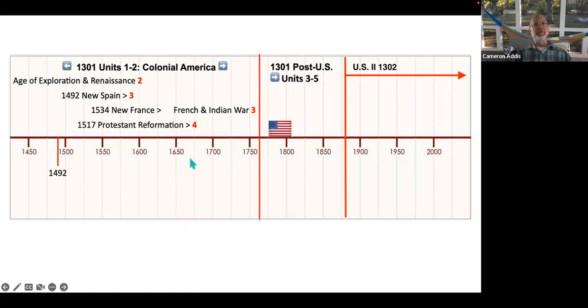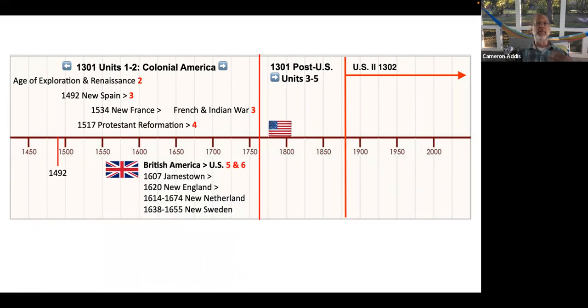We also have chapter 4 on the Protestant Reformation, where we hop back to Europe and talk about the religious wars there, which ended up having a huge impact on American settlement. Then we have the British colonies, which are probably the most important because they were basically seeding the United States. We cover those in chapters 5 and 6: not just the British colonies in Jamestown, Virginia, and New England, but also the Dutch and Swedish colonies that got soaked up into the British colonies by the time they later became the United States.